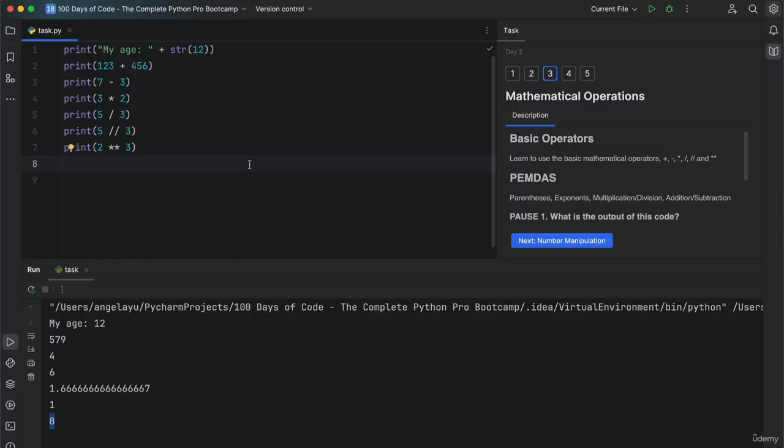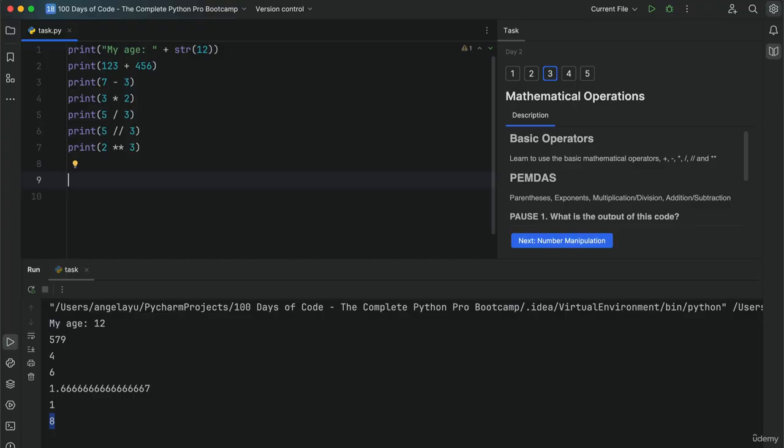Now, one of the things that you have to be careful about when you are doing these mathematical operations is when you have more than one operation on the same line of code, then there's a certain level of priority. So some of these operations like division or multiplication are going to be first class, whereas other ones are going to be more economy, like the plus and minus.